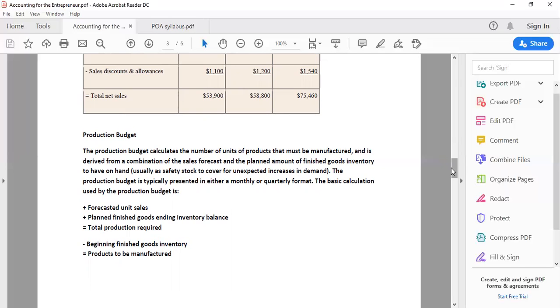It is derived from a combination of the sales forecast and the planned amount of finished goods inventory, meaning how many items you're going to have in your stock at the end of the period. And usually as safety stock to cover unexpected increases in demand.